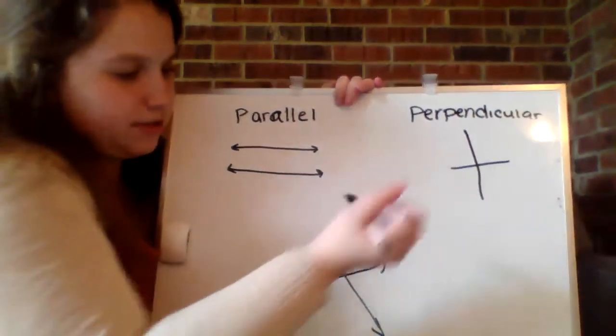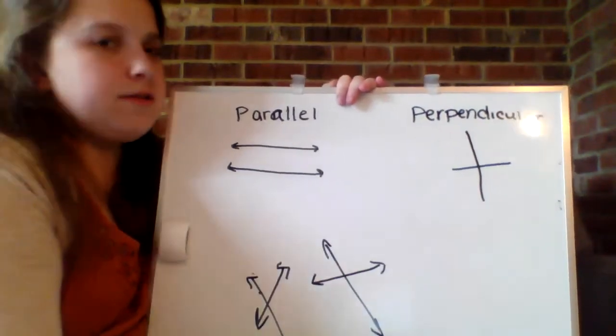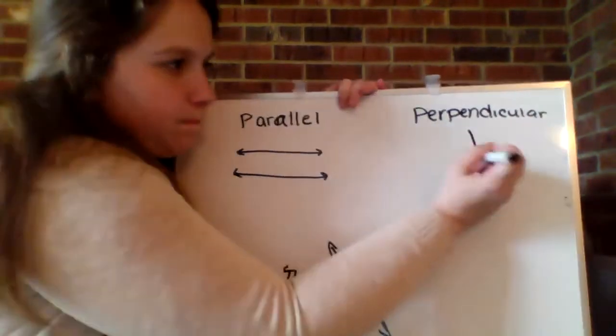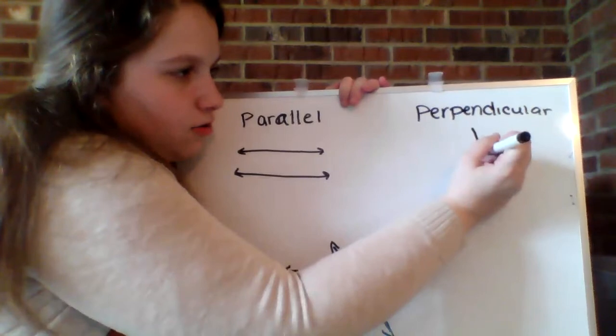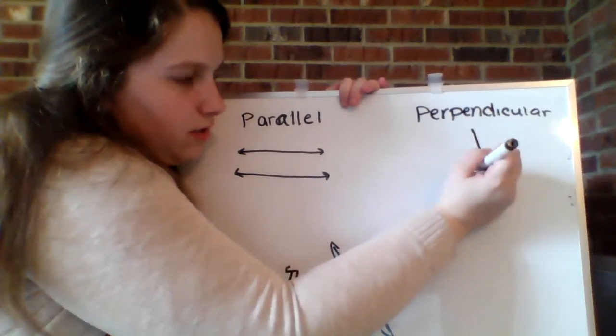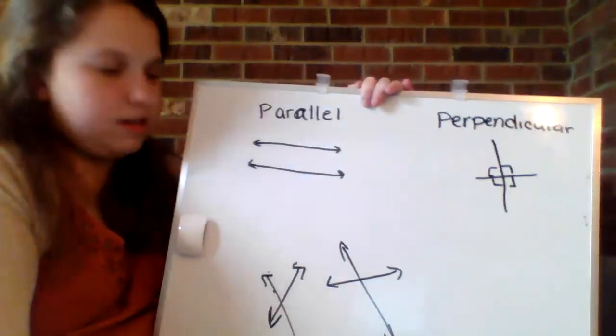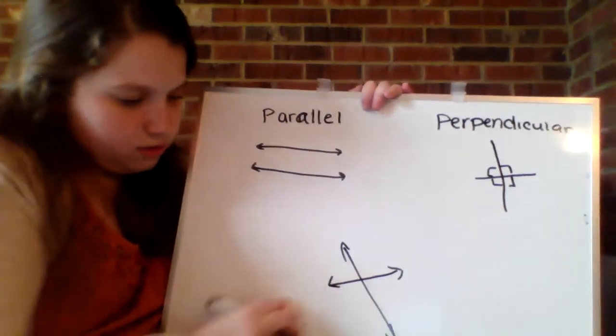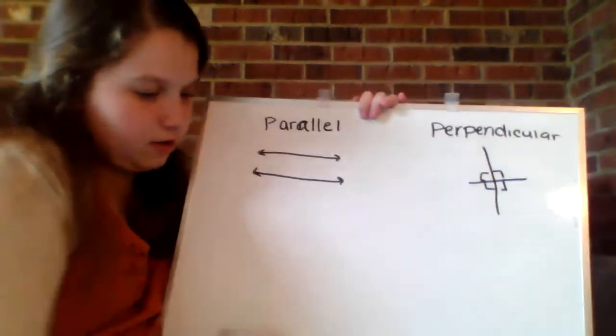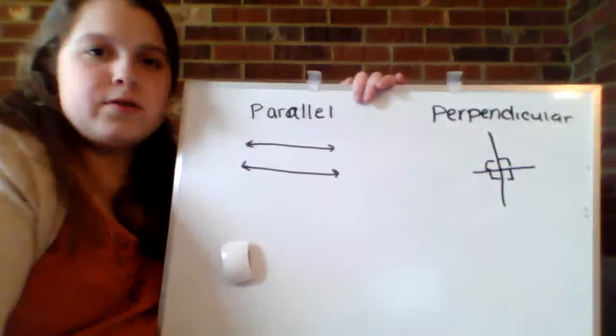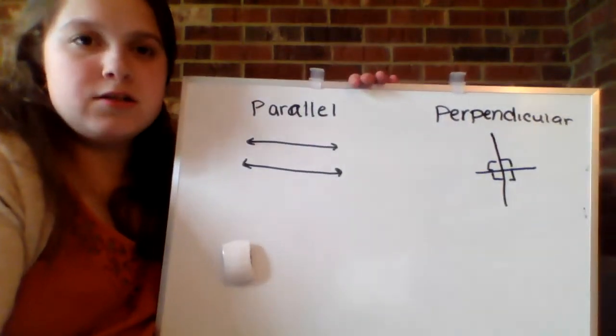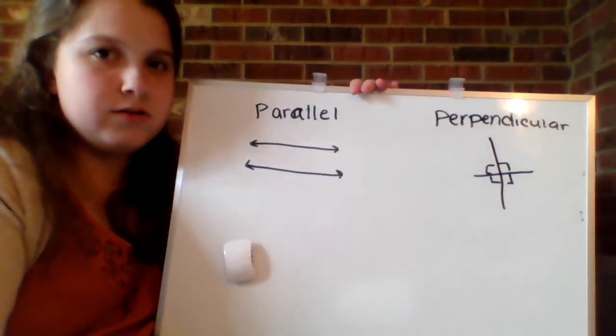These are not perpendicular lines. Perpendicular lines are two lines that intersect to create 90-degree angles. So those straight up and down angles. So perpendicular lines, they do intersect to create right angles.